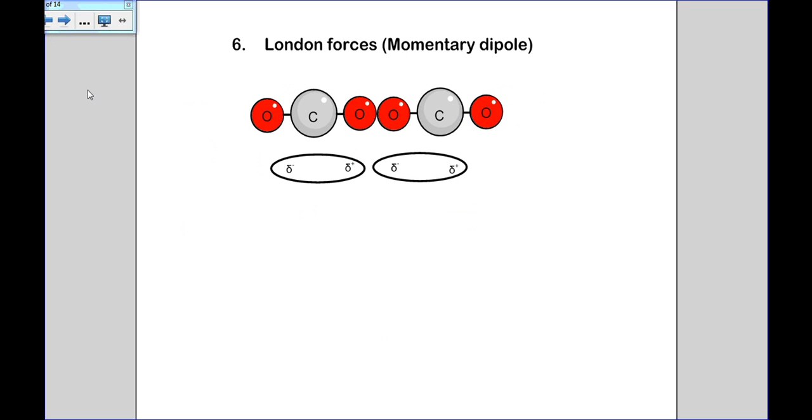For example, oil flows at a slower rate than water, so we can deduce that oil has greater intermolecular forces than water. That is why it has a higher viscosity, and it also affects the vapor pressure, which is how readily a liquid vaporizes. So that will be a summary of the different types of intermolecular forces that we have.